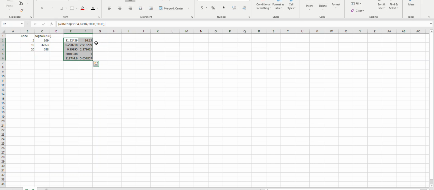All right, so here's our linest, and this parameter on the left is slope, this is intercept, and these are the corresponding uncertainties here.